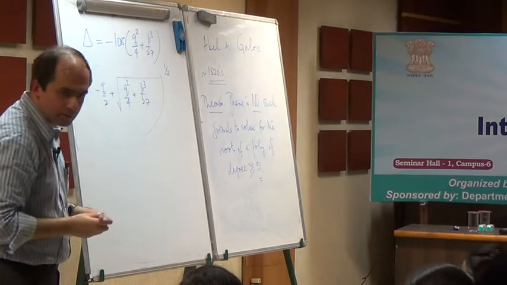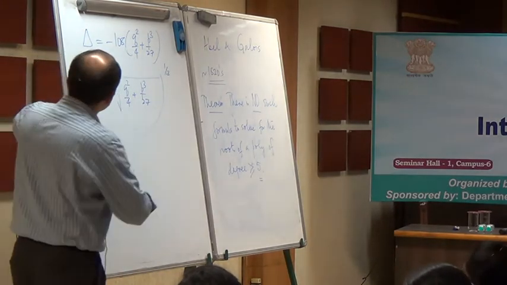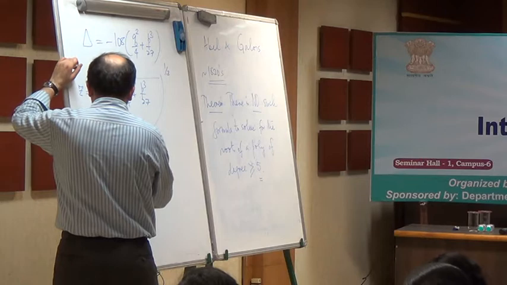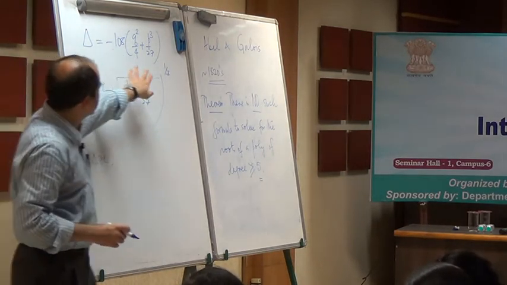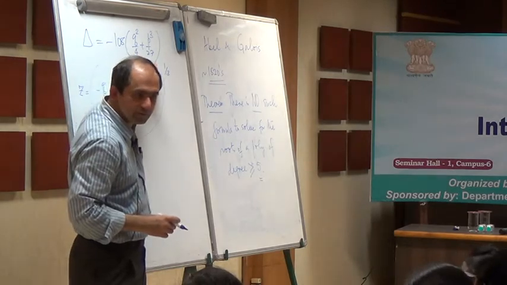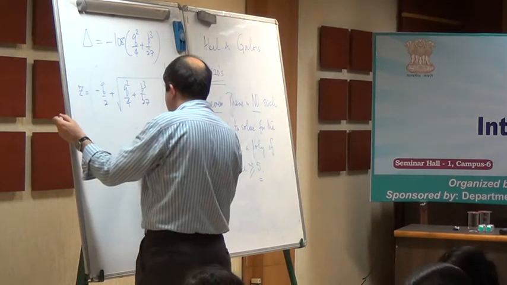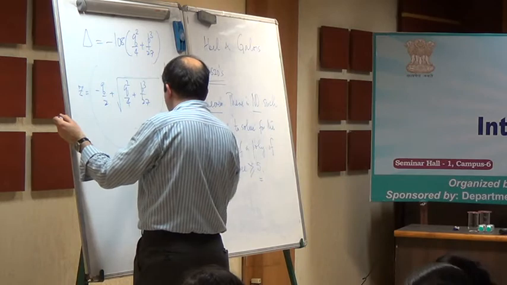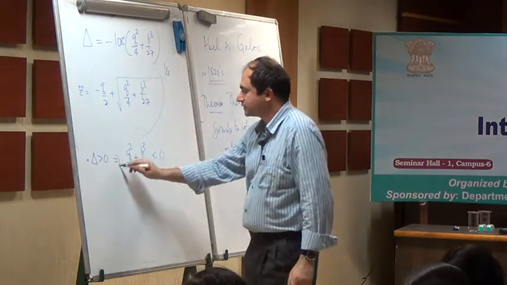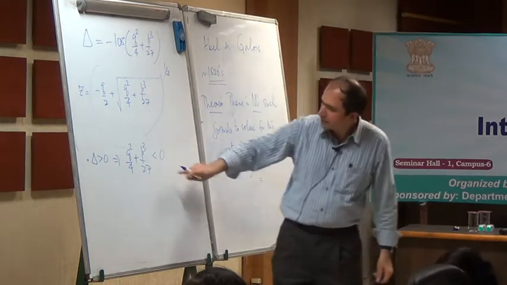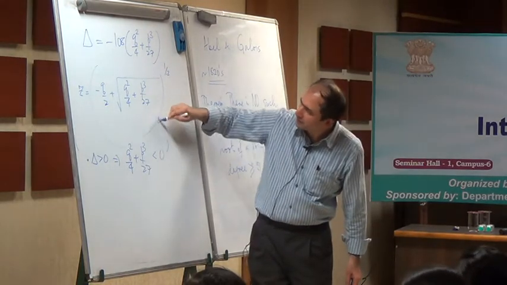The point I was trying to make is, when is delta positive? Delta is positive provided this term is negative, isn't it? q squared by 4 plus p cubed by 27 is less than 0. This implies this. And if this is negative, watch what happens here.